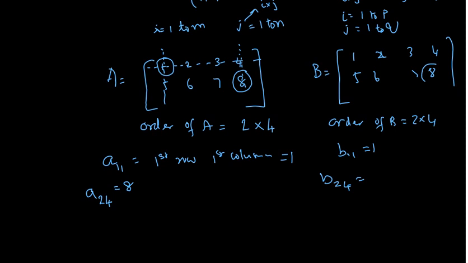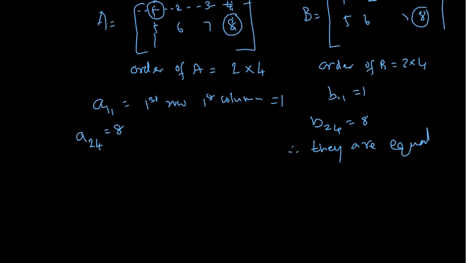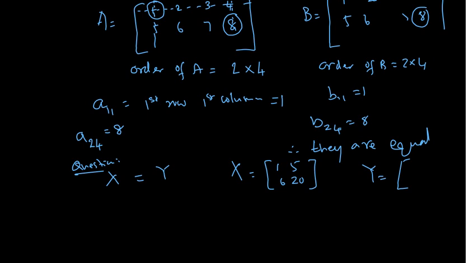You won't get that, but they will just say matrix X equal to matrix Y. X equal to 1 5 6 20, Y equal to A 5 6 B. Find AB.